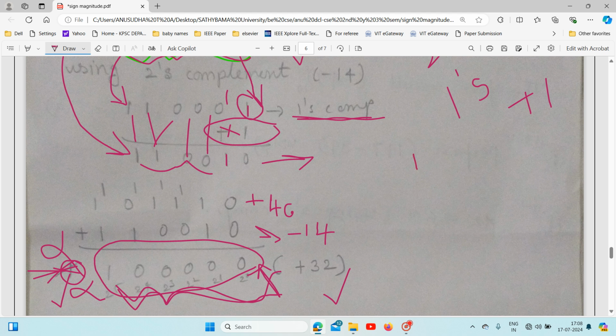In the 1's complement, if carry exists, what should you do? You have to add it with the result in the LSB. If the carry does not exist, you have to take the 1's complement. In the 2's complement, if carry exists, you have to ignore it. If the carry does not exist, you have to take the 2's complement of the result.